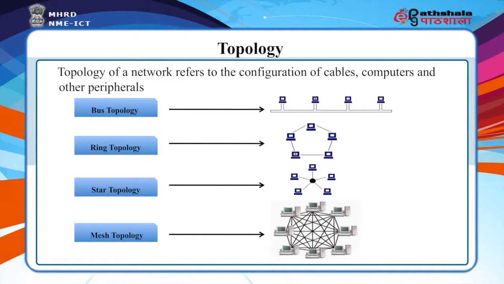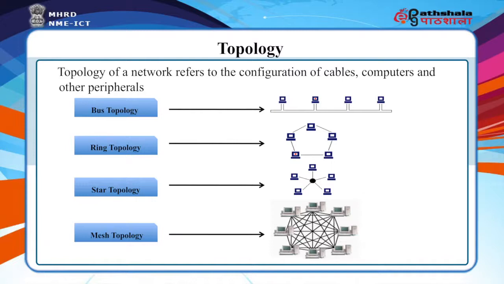And there are 4 topologies by which we can connect computers in a network. The first and foremost is the bus topology. The bus stands for a wire. So bus means we can connect, as seen in the picture, from one computer to another in a bus mode.